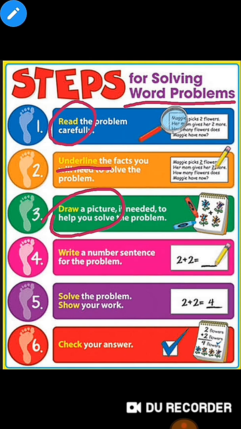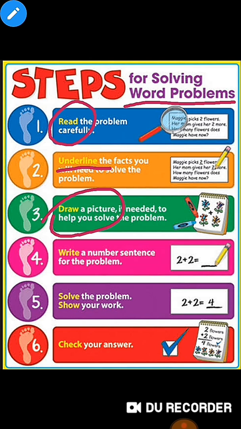If they are asking you the product or times, then you are going to do multiplication. And in case they have given you a big long thing and they have divided it into different equal parts, and they are asking you how many parts it has been divided into, you are going to use division.